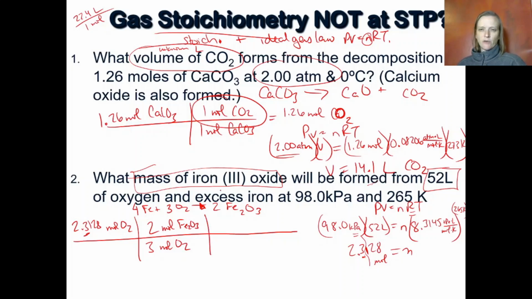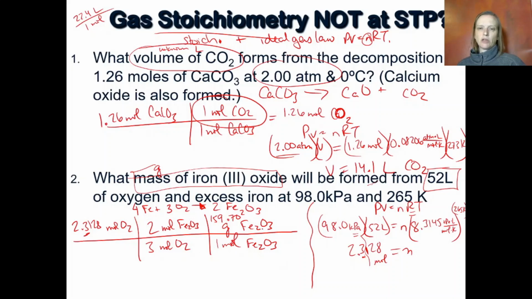And because my final answer should be a mass in grams, I need to convert from moles of iron 3 oxide to grams of iron 3 oxide. And the molar mass is 159.70.